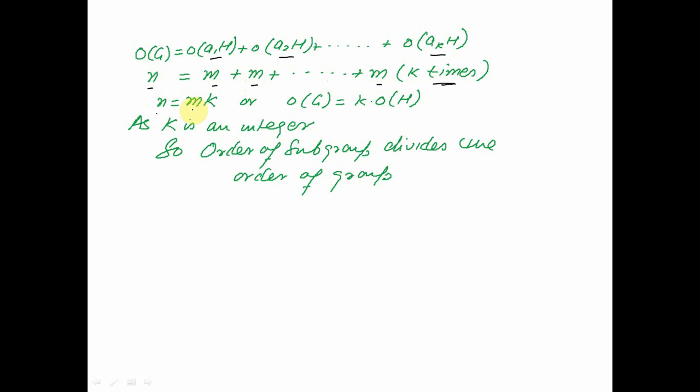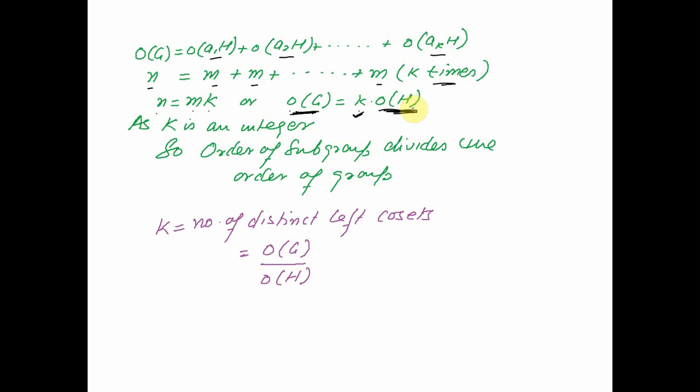So N is equal to Mk, or order of G is equal to K multiplied by order of H. As K is an integer, you can have 3, 4, 5 or 6 distinct cosets. You can never have 3.2 distinct cosets. So K is an integer. So order of subgroup divides order of group, or in other words, order of group is a multiple of order of subgroup. So the first part of Lagrange's theorem is verified.